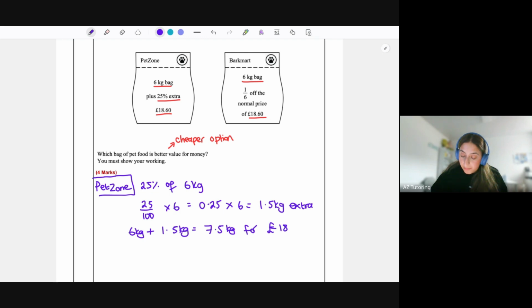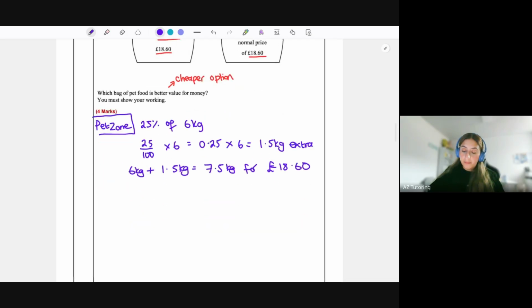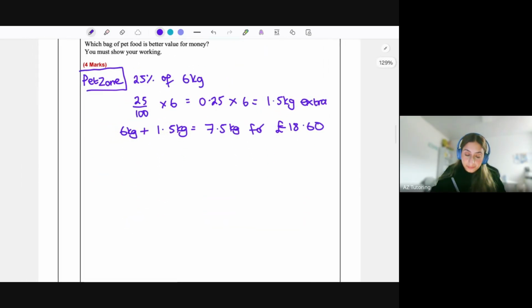So we worked that out. Instead of getting 6 kg, she's getting 25% extra, which is 7.5 kg for £18.60. We need to get that to 1 kg because we want to compare the kgs to be the same, because now we've got 7.5 kg for PetZone, but 6 kg for Barkmart. So it's a bit of ratio involved.